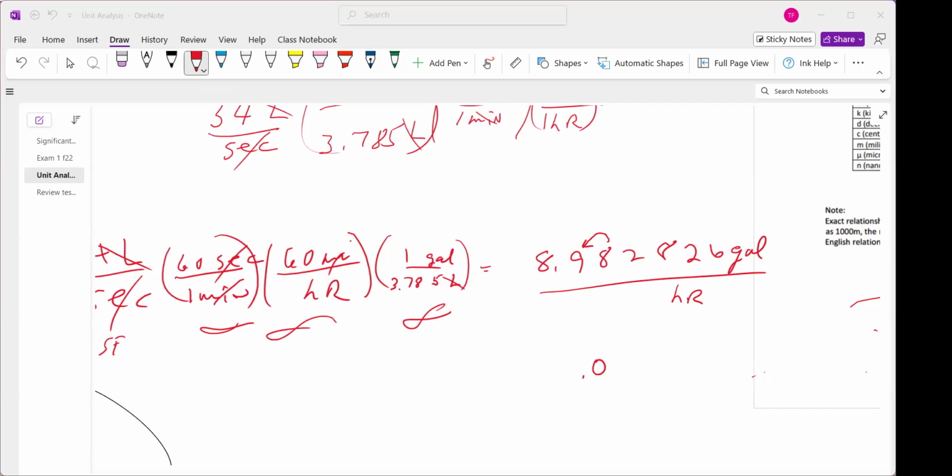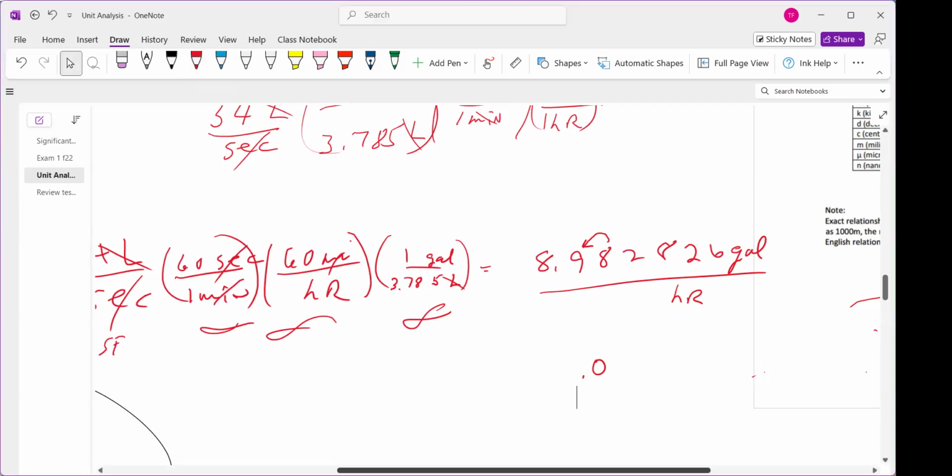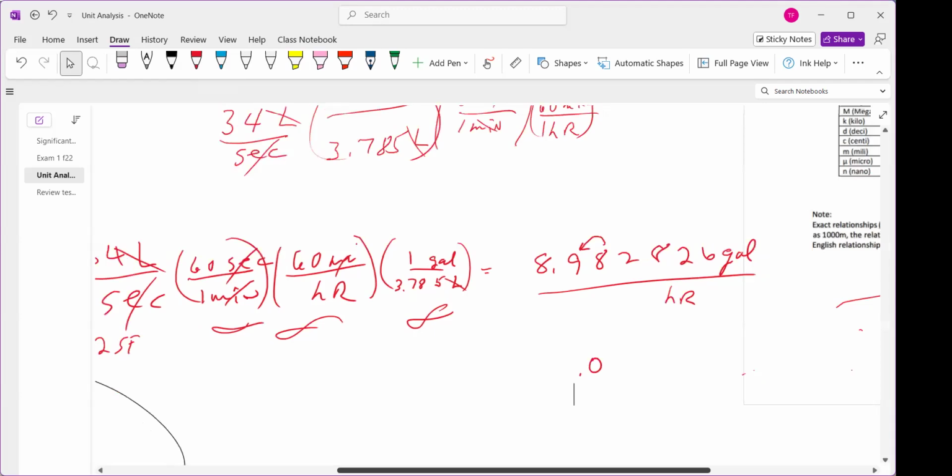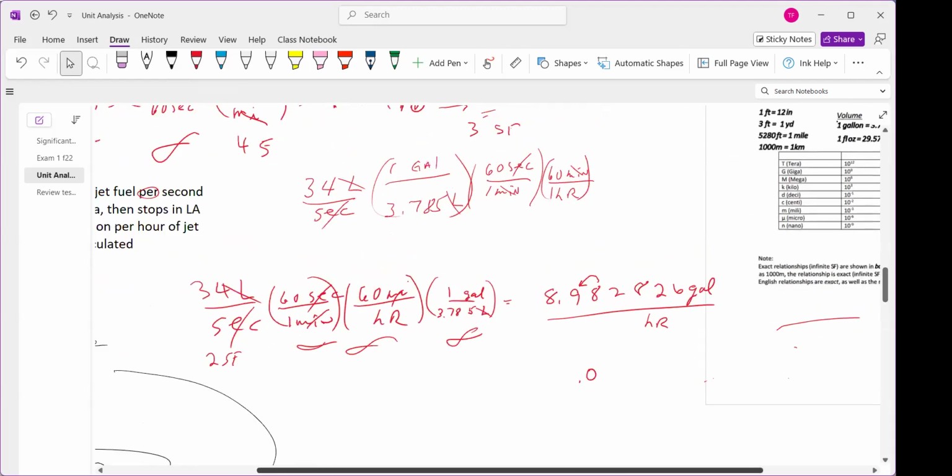No. If you're going to do scientific notation, it'd be 10 to the 0. I think you're calculating. Well, let me see. 34 times 60. A lot of us over here get like 3.2 times 10 of that. So my calculator, let me see if I can change it.